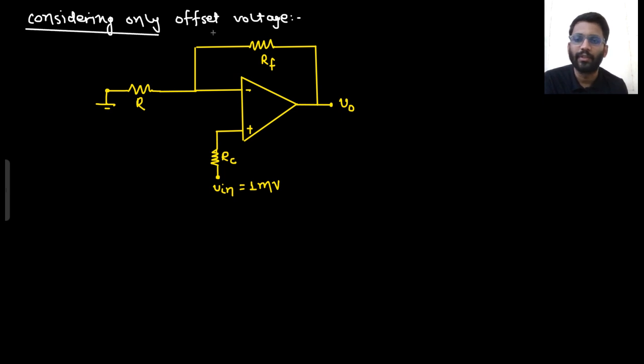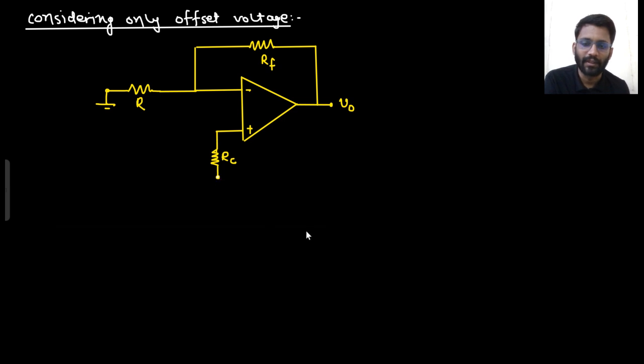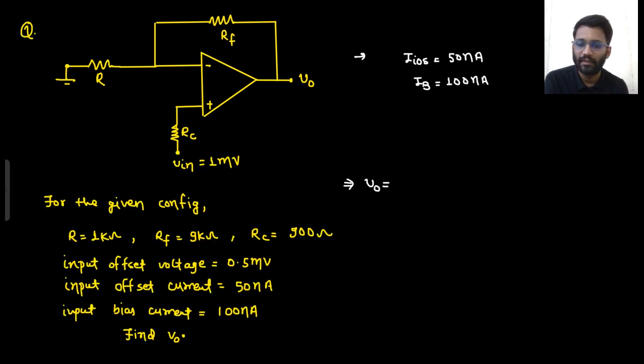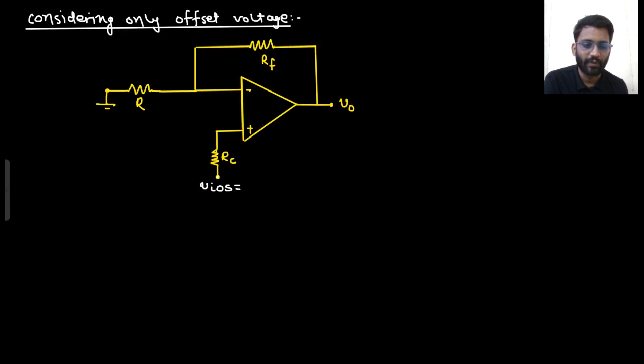How do we show the offset voltage? Offset voltage by connecting VIOS here, and that is given as 0.5 millivolt. So here also you should take plus minus 0.5 millivolt.